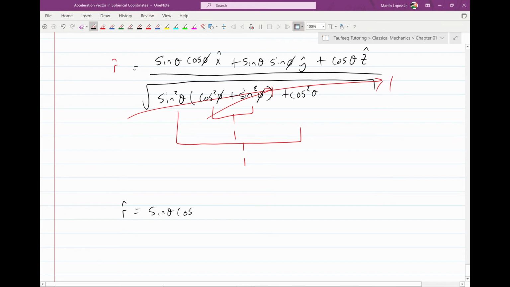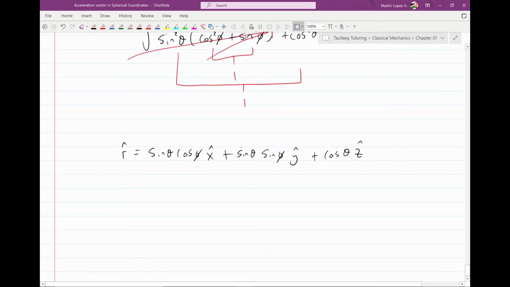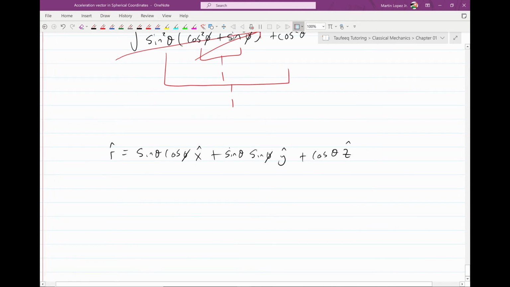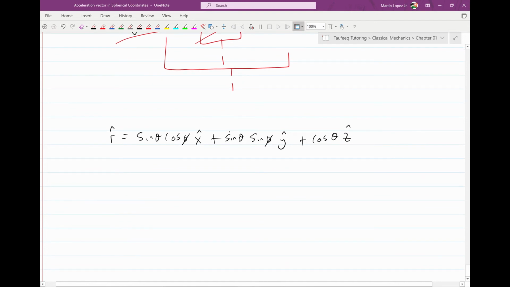So r hat is equal to sine theta cosine phi x hat plus sine theta sine phi y hat plus cosine theta z hat. And that is exactly the r vector with r equal to 1. Great, so it makes sense. I say that just to make sure we have a reference to know that we're doing the correct thing. Now let's get theta hat.